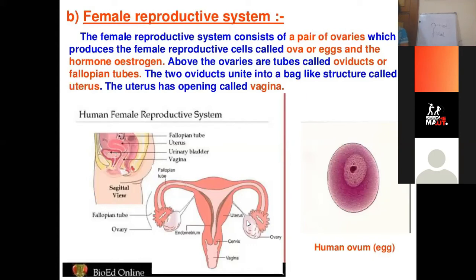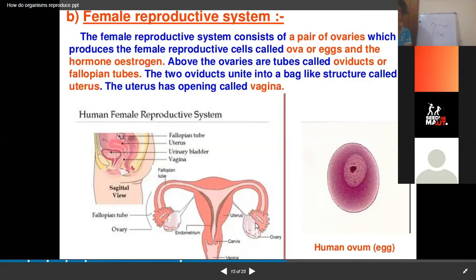Then let me tell you, every month thousands of eggs are produced by the ovary, but only one egg gets fertilized. I have told you that there is the tubular structure which is known as the fallopian tube.